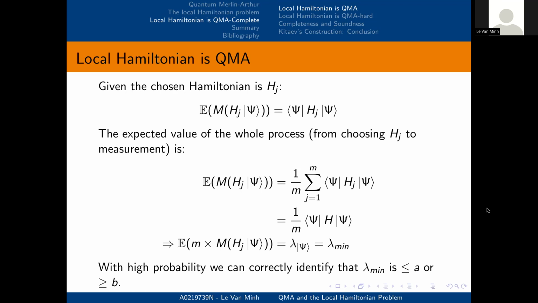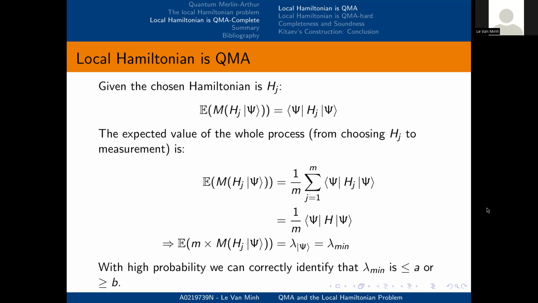But the expected value that we saw above is when we are given a Hamiltonian Hj already. But if we include the sampling process, we will get a different expected value. And that is just the mean of all the possible expected values from H1 to Hn.